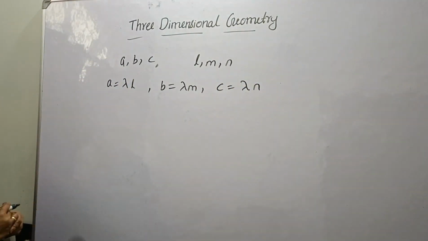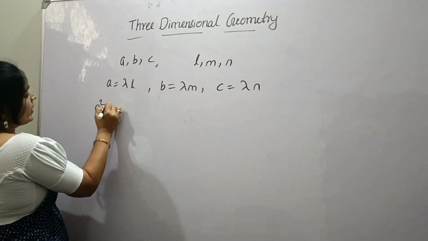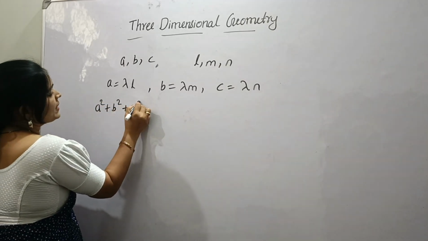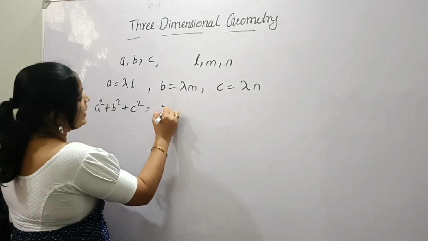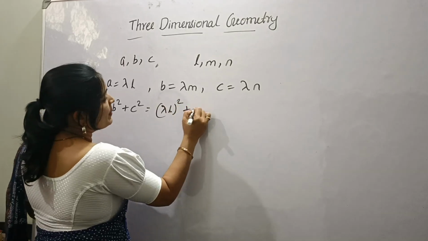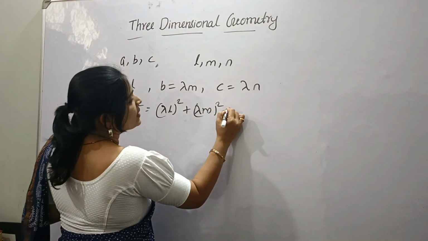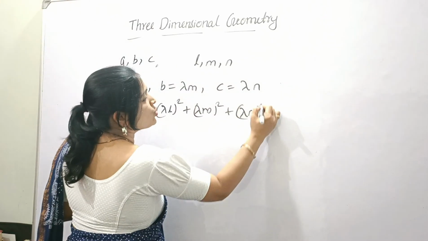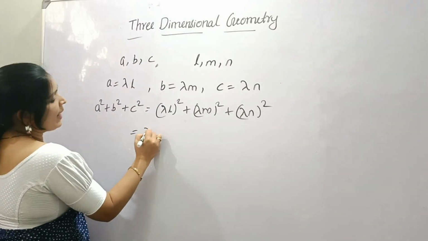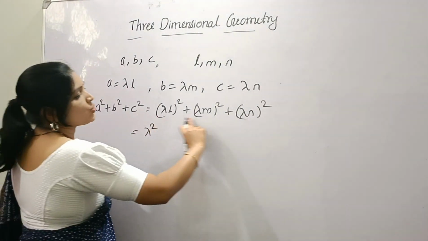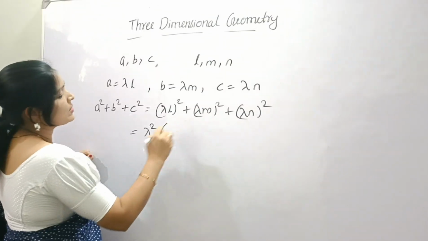Then a square plus b square plus c square is equal to lambda l whole square plus lambda m whole square plus lambda n whole square, right? So take lambda square outside, lambda square is common.